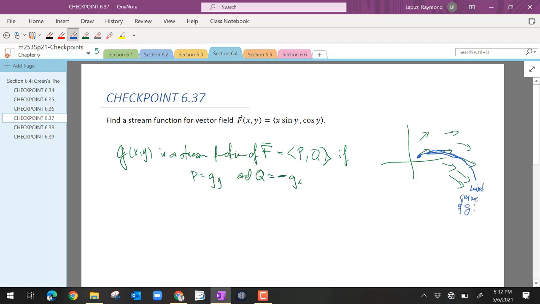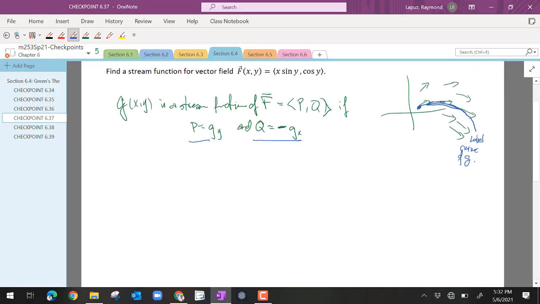So if we were to draw a level curve, you can see that these should be tangent lines. This is different from conservative vector fields where you would draw level curves, and the vector fields would be perpendicular to the level curves. Here, the vectors in a vector field would be tangent to the level curve. All right, so this is our criteria, and we simply follow it like we did when we were finding potential functions.